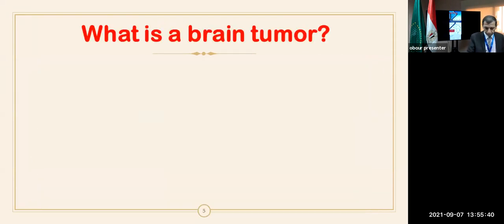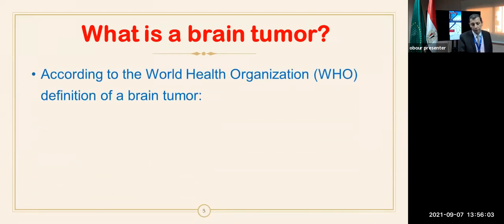Introduction. The problem that we will talk about today is a very important problem that faces humans, and one of the very critical diseases that attack the human: brain tumor.